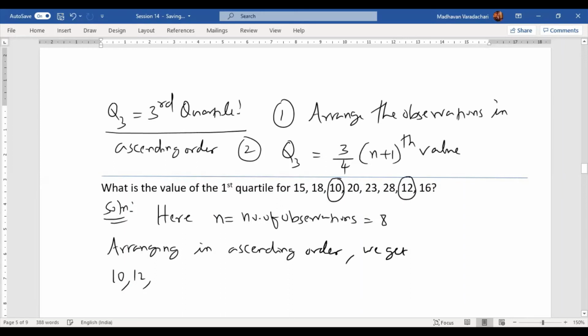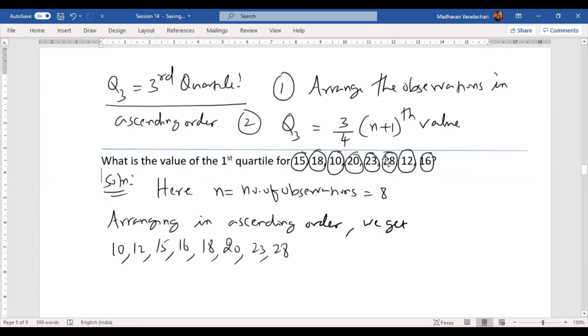Then the next least is 15. Then the next least is 16. Then the next least is 18. Then the next is 20. Then the next is 23. Then the next is 28. So we have arranged the observations in ascending order now.